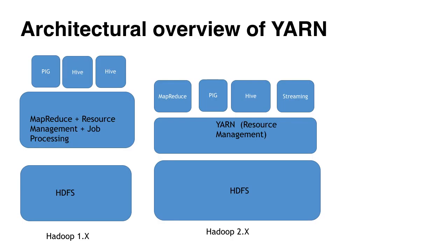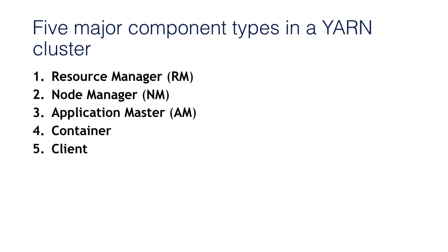Let's deep dive into Yarn's internal components. Yarn has five major components, right? One of them is a resource manager, second is node manager, third is the application master, fourth is the container, and the final one is the client.